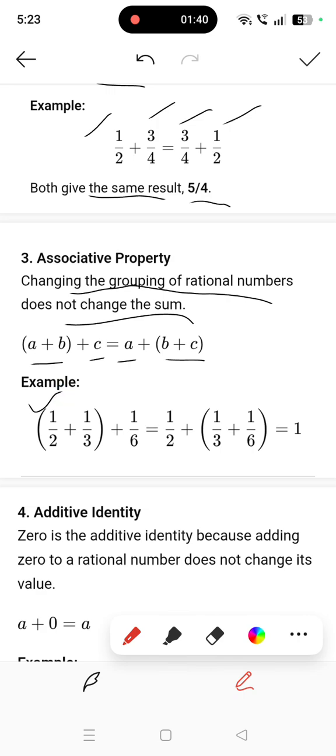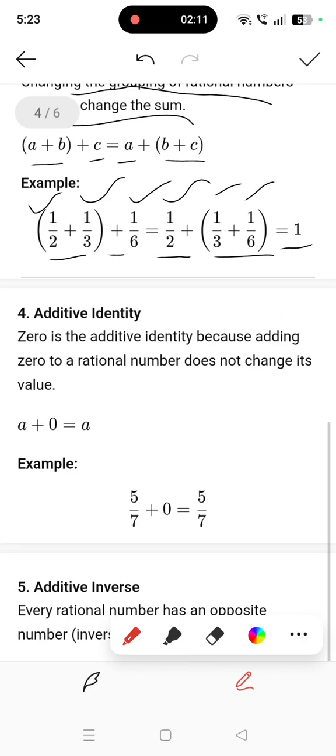Like 1 by 2 plus 1 by 3, if you add it to 1 by 6, or if you add 1 by 3 and 1 by 6 to 1 by 2, the answer will be the same. So if you associate the two numbers like this together or like this together and then add another number, it does not change the sum. This is called associative property.